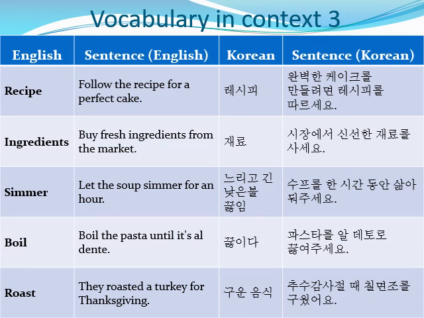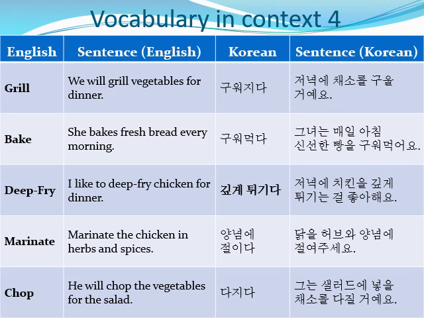Simmer. Let the soup simmer for an hour. Boil. Boil the pasta until it's al dente. Roast. They roasted a turkey for Thanksgiving. Grill. We will grill vegetables for dinner.